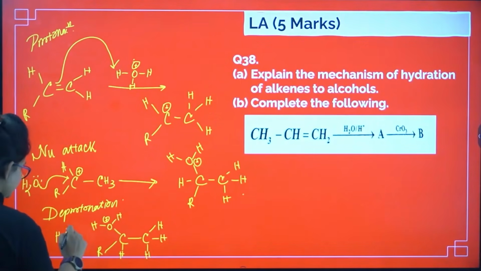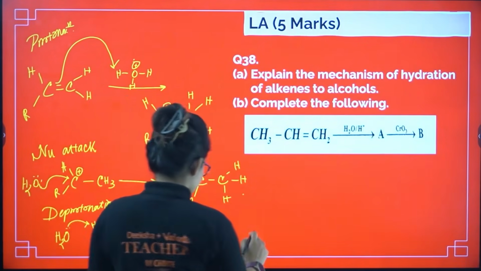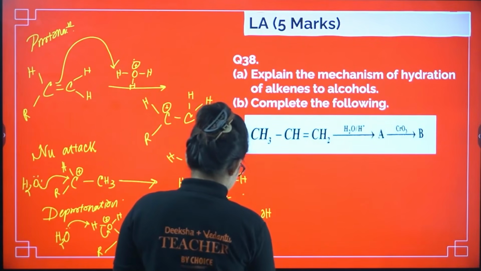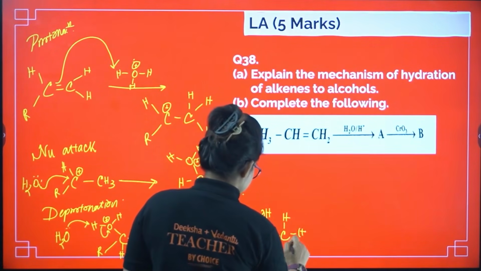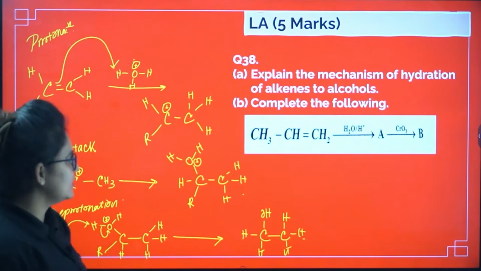So a water molecule will take one hydrogen, this bond will jump on oxygen, and it will end up with one alcohol. Here OH, here hydrogen, and here as it is 3 hydrogen. So this is the mechanism of hydration of alkenes to alcohol.